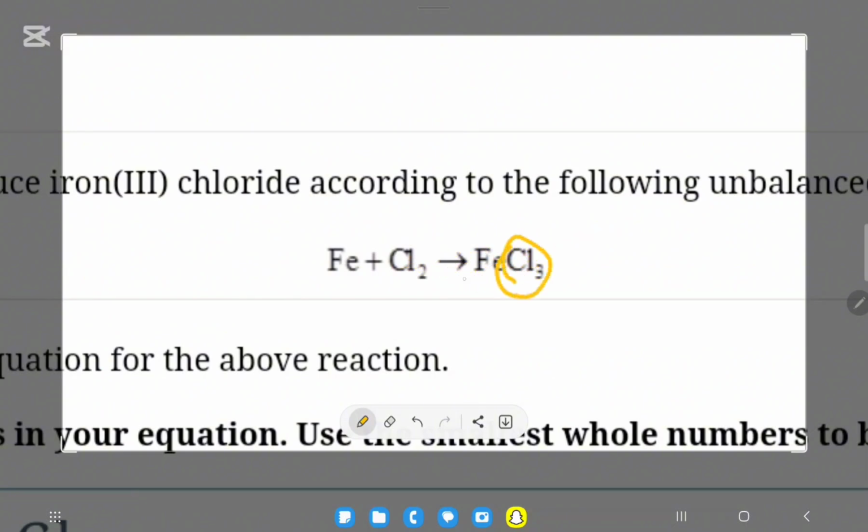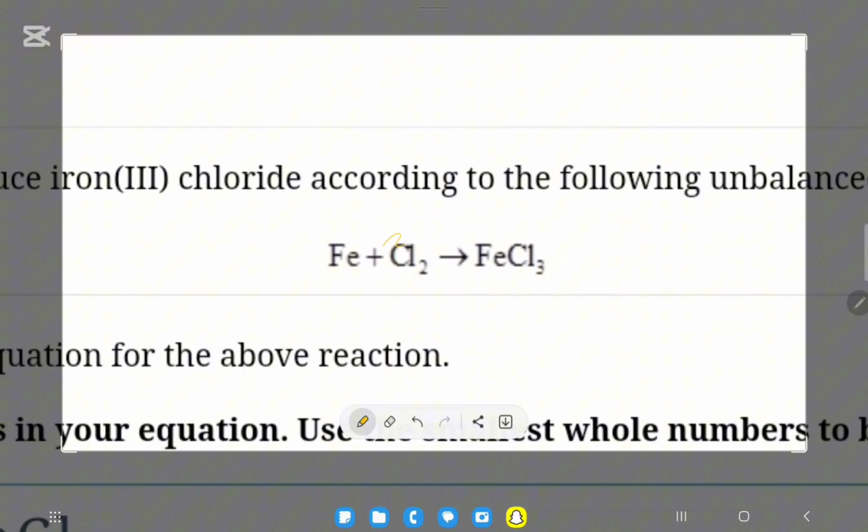When they give us 2 and 3, it's always 6. So we put 3 here and 2 here. For chlorine, now Cl is 6 and Cl is 6 here. Fe is 1 and Fe here is 2. But we need to balance iron, so we put 2 here and now it's balanced.